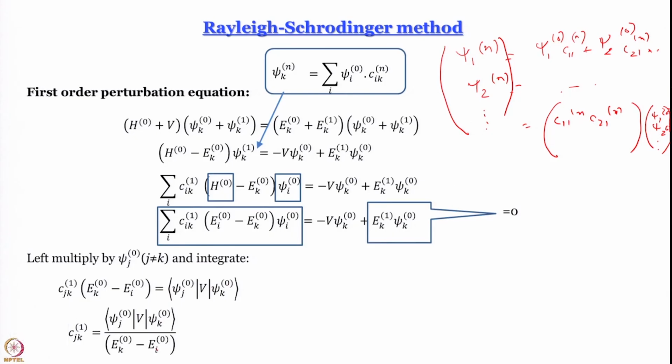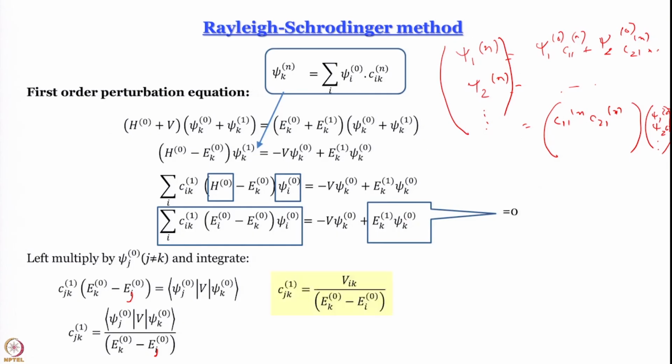So, this is not i, this is j, alright. So, Cjk first is equal to this integral psi j 0th star V psi k 0th divided by Ek 0th minus Ej 0th.